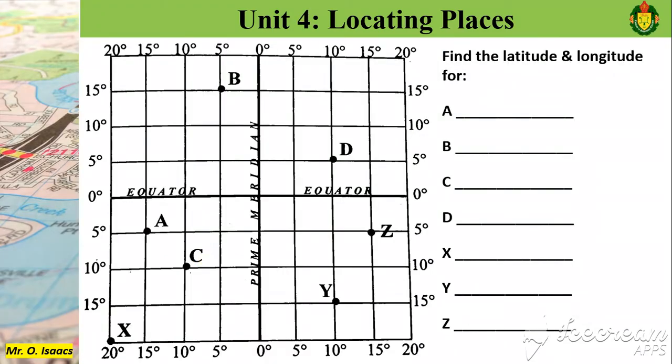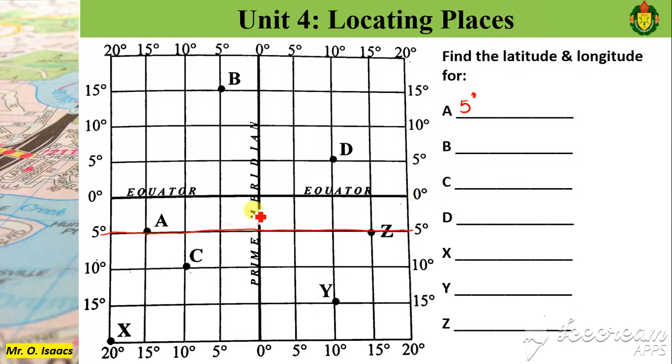So let's now see if we can look at determining lines of latitude for location. Let's start with A. What is the latitude of A? You first of all look at that line that runs from east to west or west to east, and it matches up to 5 degrees.